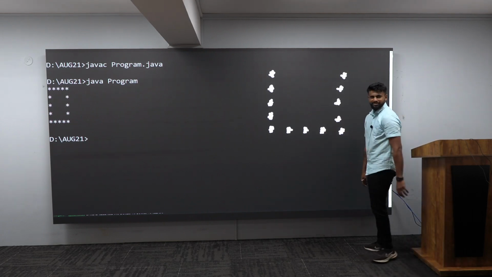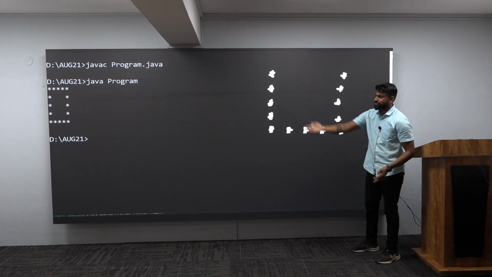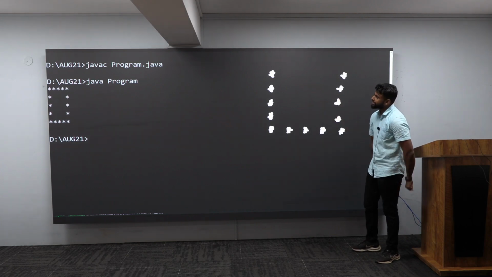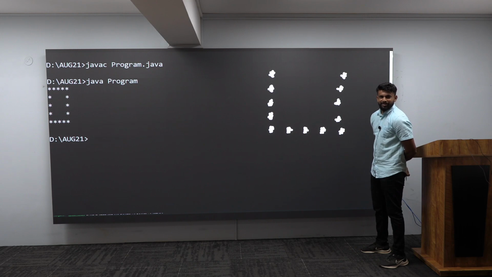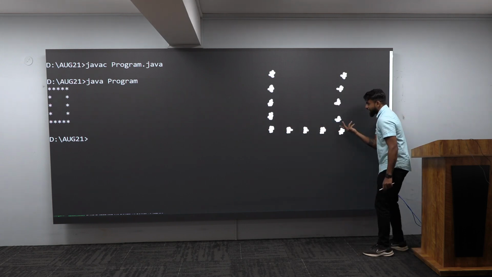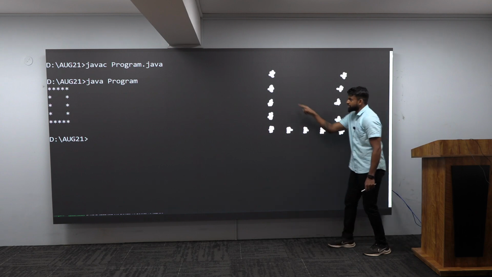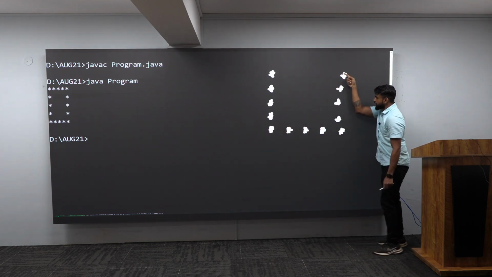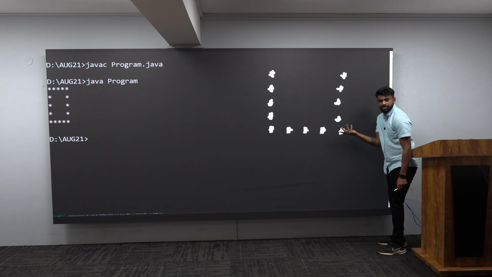Can you do this? What is there in this? Getting this is not at all a big deal. What will you write here? When i is 5, print the star. Next, when j is 1, print the star. Next, when j is 5, print the star.